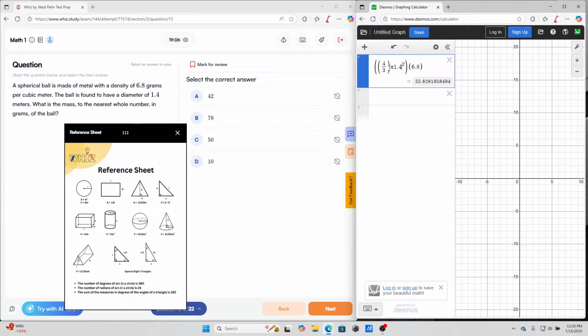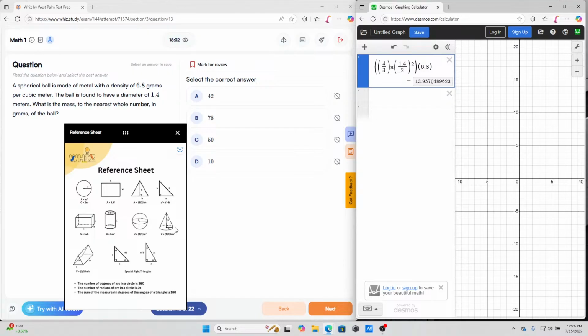So it's r. Wait, no, that's a diameter. 1.4 is the diameter, so we actually need to divide that by 2. Yeah, I'm not seeing what the issue is here. Why isn't it working here?